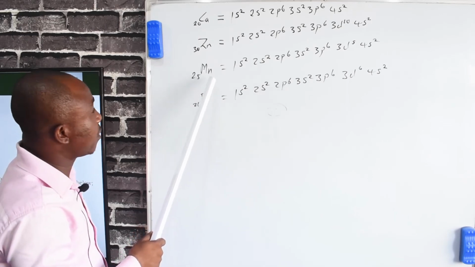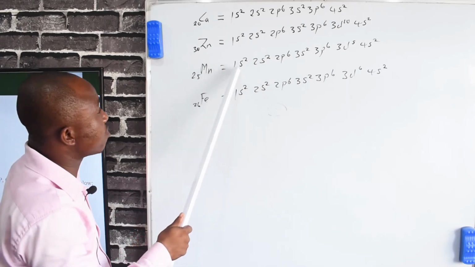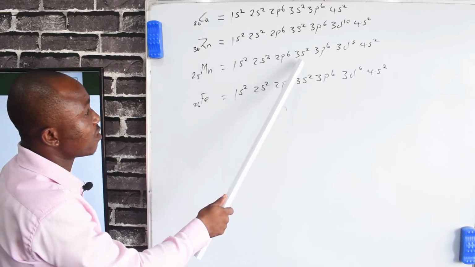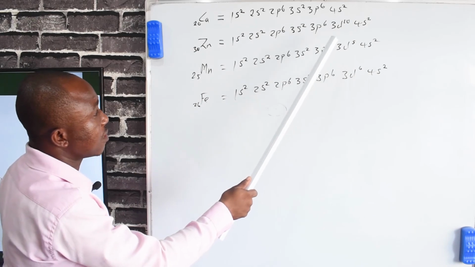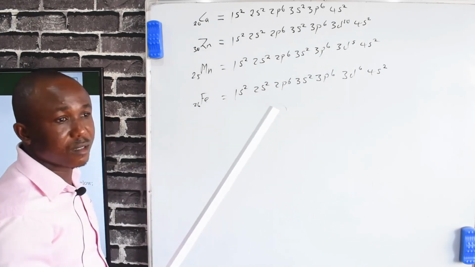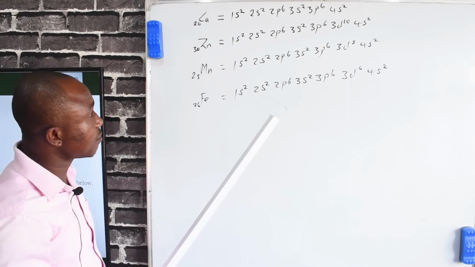Manganese, that has atomic number of 25, we have 1s2, 2s2, 2p6, 3s2, 3p6, 3d5, 4s2. I hope you are following. Good.